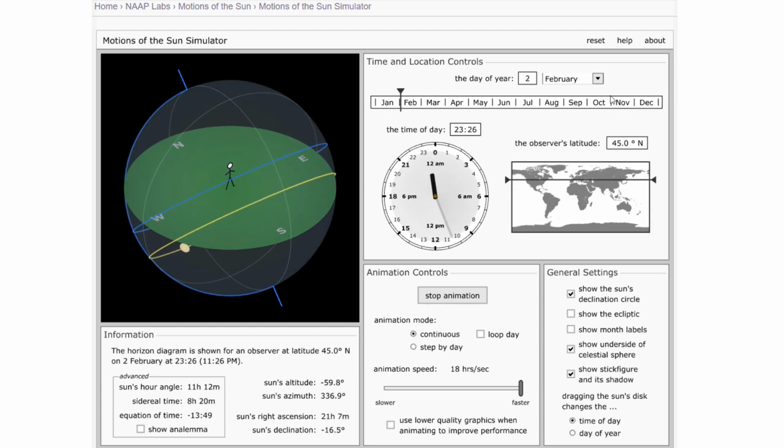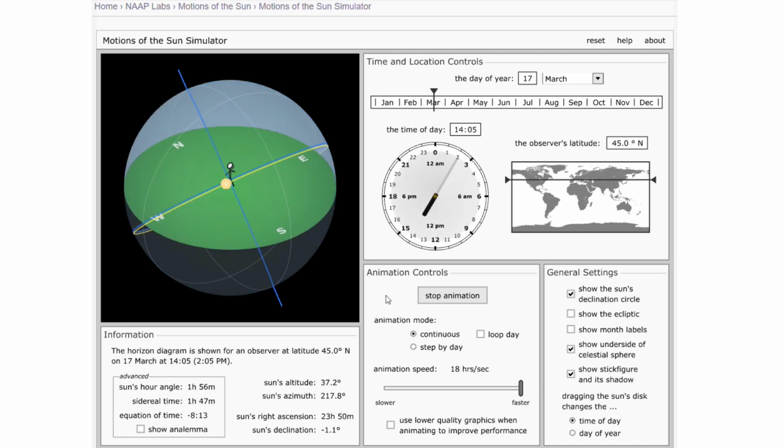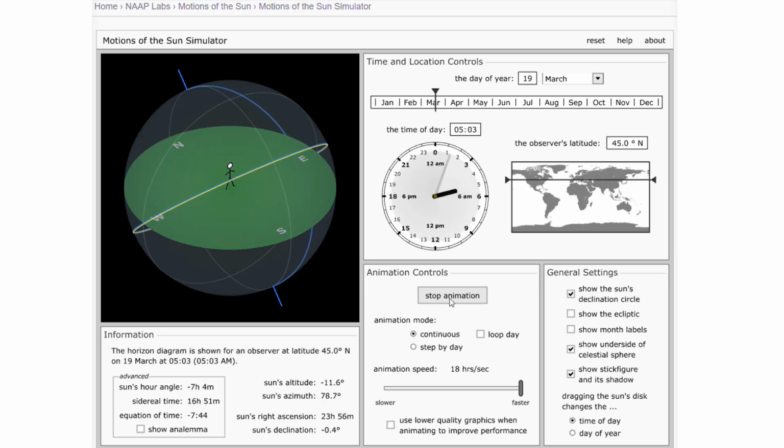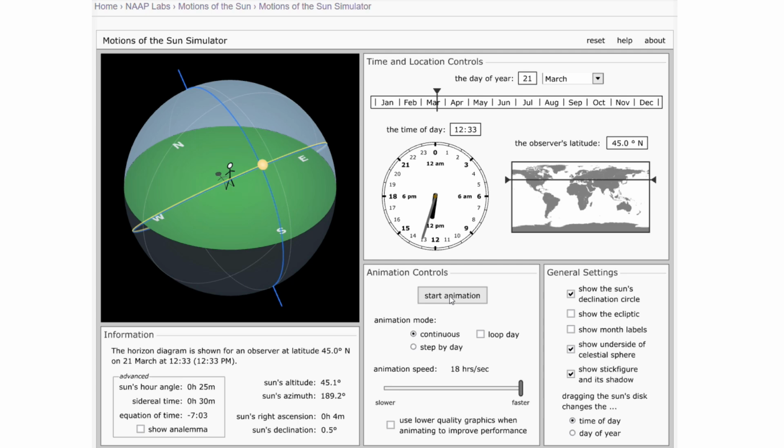Fast forward, back to the equator, the vernal equinox, March 21st. Let's stop there at the noon time. Now you can see it's back to the zero right ascension and the zero declination.